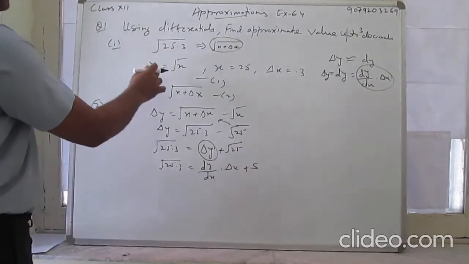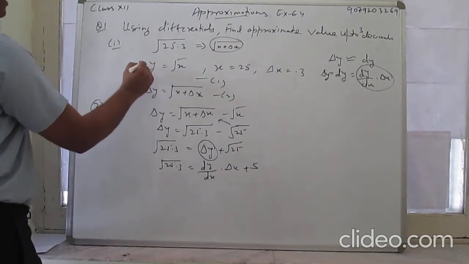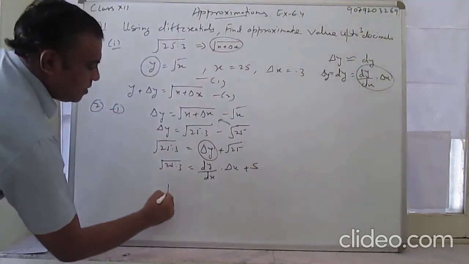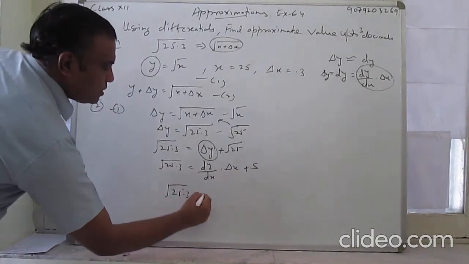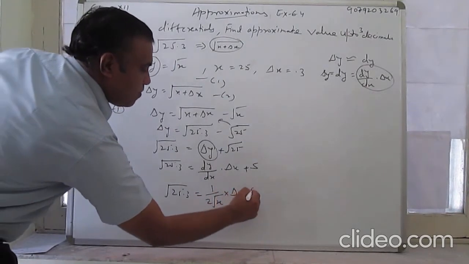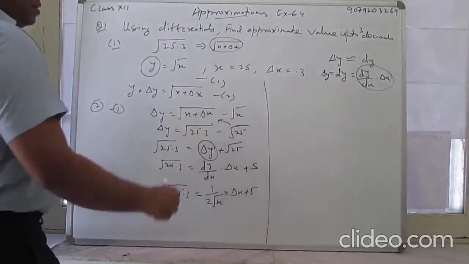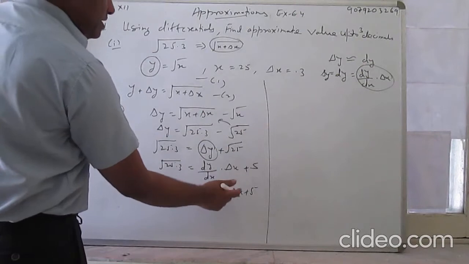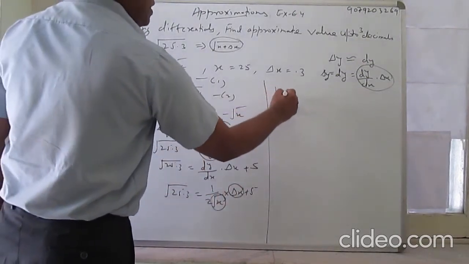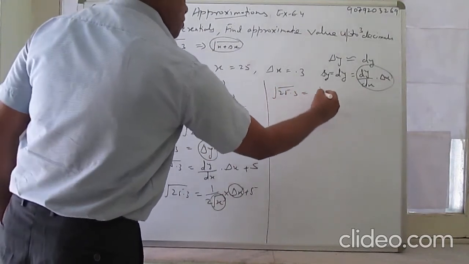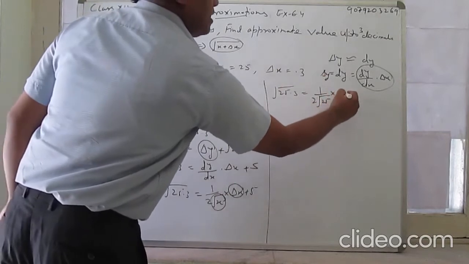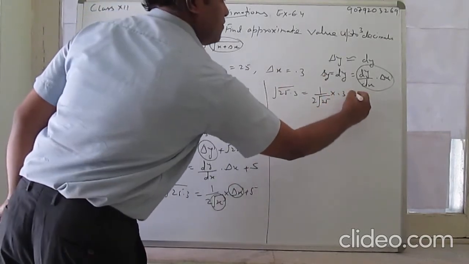Now what is dy by dx? इसका dy by dx करेंगे तो क्या आएगा, ये y है, root x का dy by dx हो जाएगा 1/2 root x. So root 25.3 is equal to 1/2 root x into delta x plus 5. Now putting the value of root x and delta x, इसकी वैल्यू और इसकी वैल्यू आप रखिए. So root 25.3 is equal to 1/(2 root 25) into 0.3 plus 5.